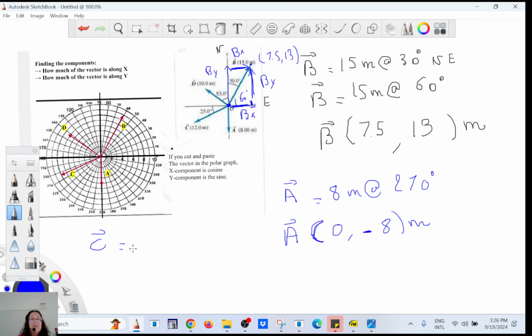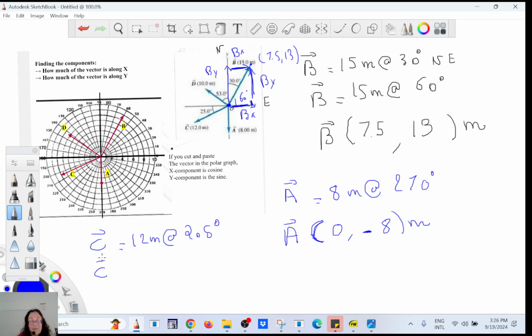C will be 12 meters at, what's that? 205. Very good, 205. Do you agree? You can just do 180 plus 25, or you can use your polar graph.